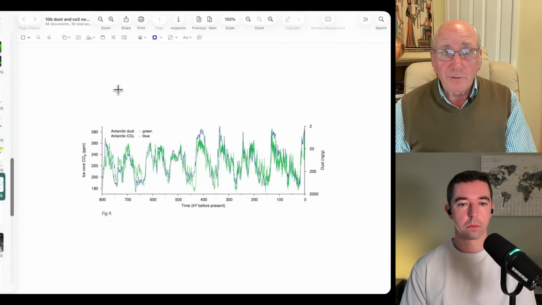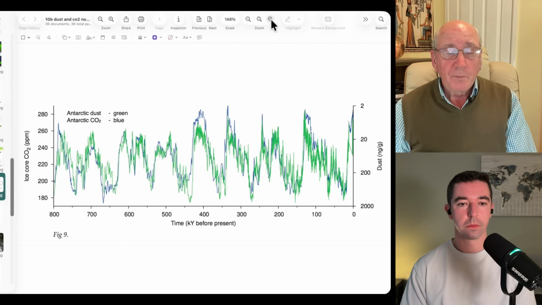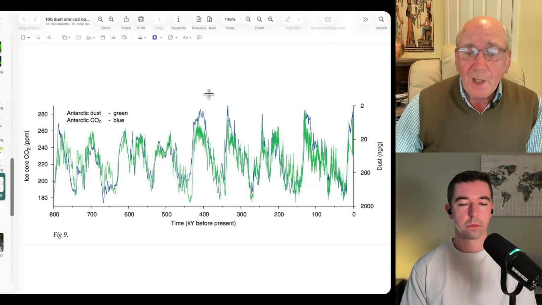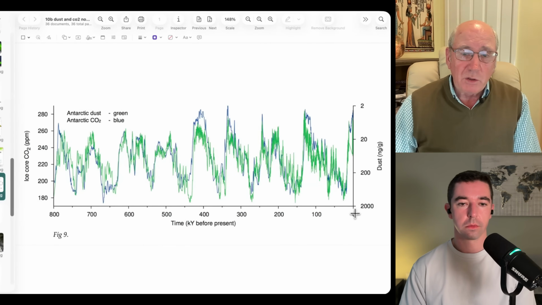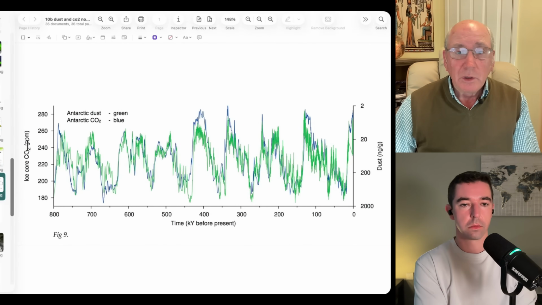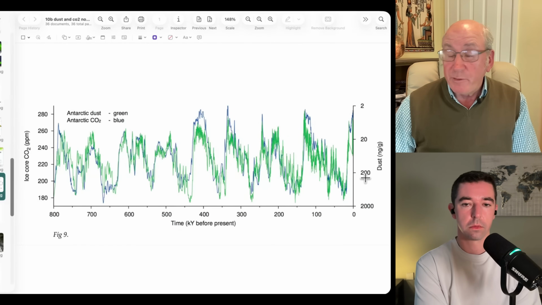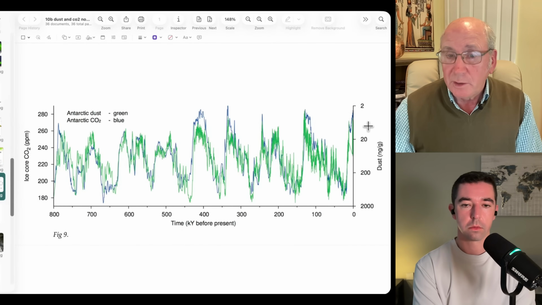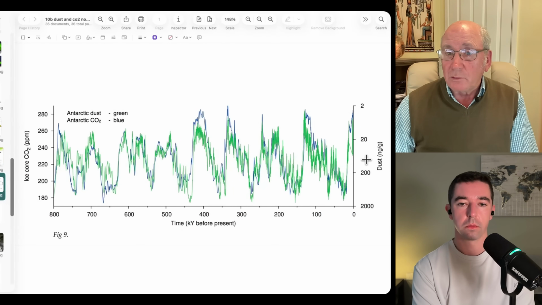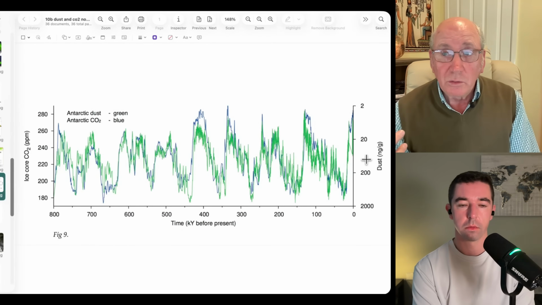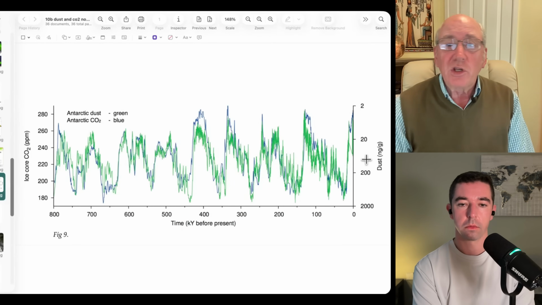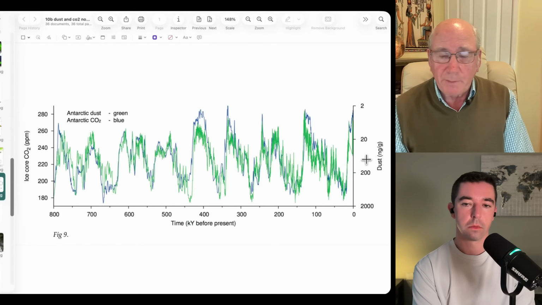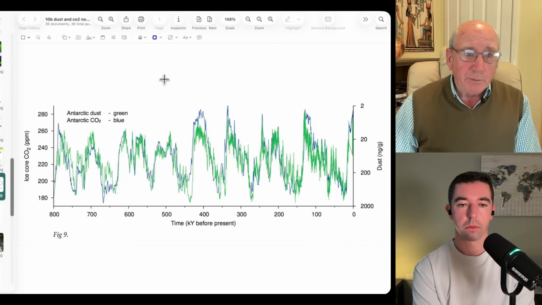But you're talking about correlations. This is the money graph. And here, again, at the bottom, we have dates, so today's date going back 800,000 years. On the left, we have CO2, and CO2 is in the blue. And on the right, we have inverted dust. Remember, inverted. And it's logarithmic as well. So a little change in CO2 means a huge change in the amount of dust. And the dust is in green.